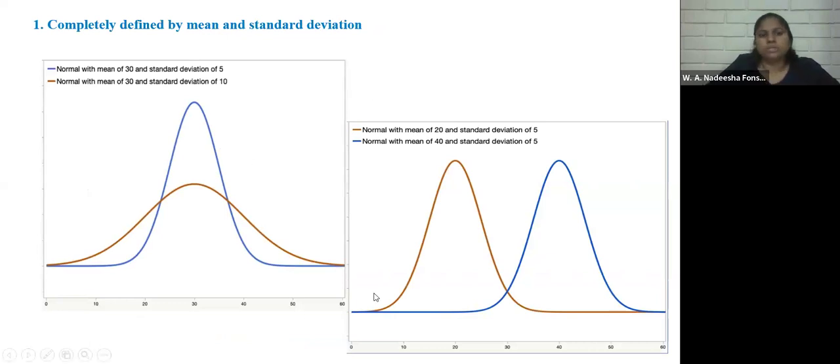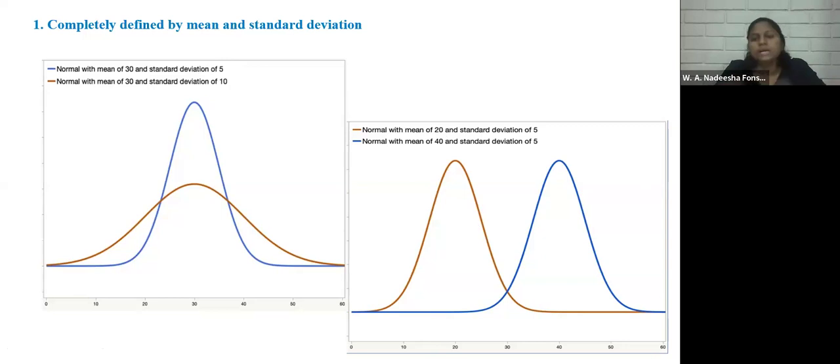This is the normal distribution curve here. The brown one shows the same mean value, but the standard deviation is different. With the same mean value, both peaks are aligned, but the heights are different because the standard deviations are different. In this one, the mean values are different, but the standard deviation values are equal.